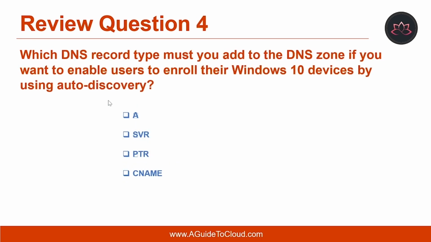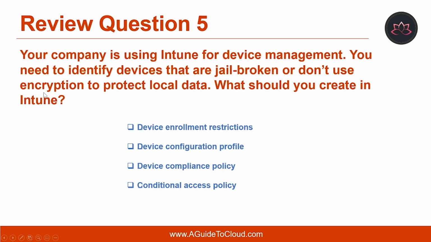Question number 4. Which DNS record type must you add to the DNS zone if you want to enable users to enroll their Windows 10 devices by using auto discovery? The correct answer is CNAME. Question number 5. Your company is using Microsoft Intune for device management, and you need to identify devices that are jailbroken or don't use encryption to protect local data.